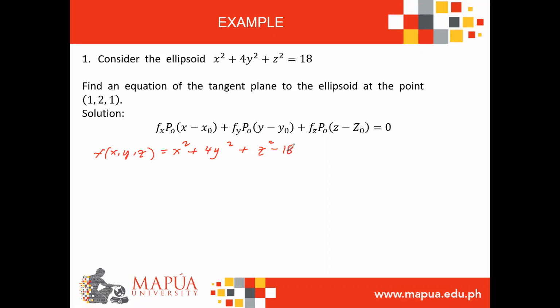So you can include or exclude it. And then we have the given point (1, 2, 1). So this will be your x sub 0, y sub 0, and z sub 0. So let's now find the gradient of this function.